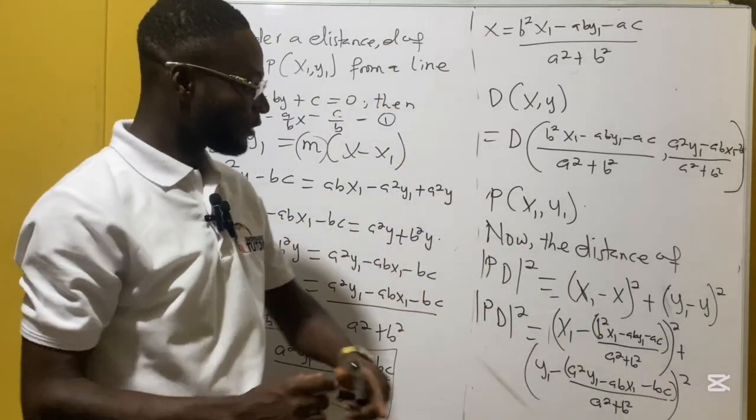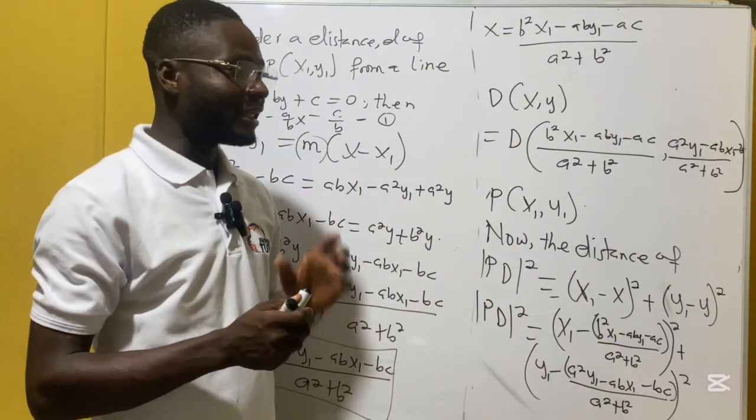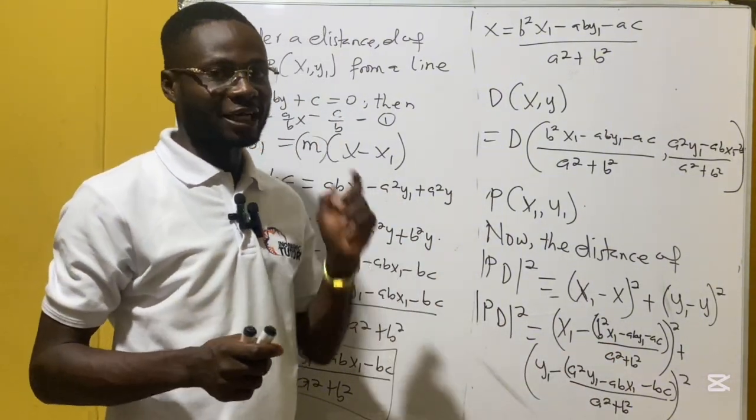Okay, so this is what we are going to simplify to get our distance of a point from a line.